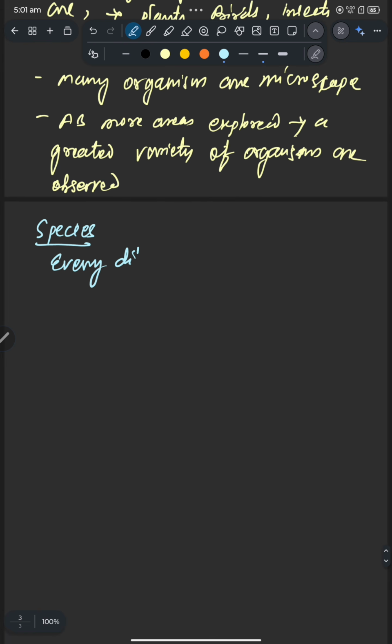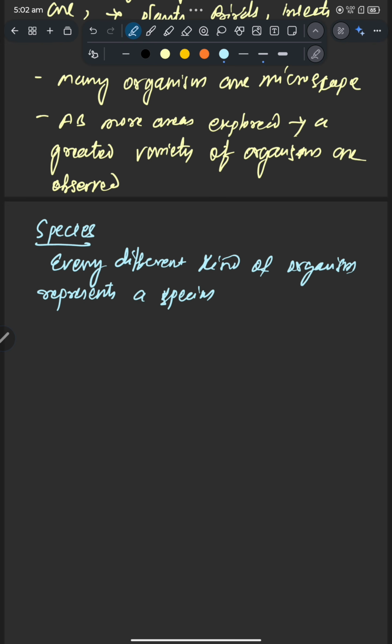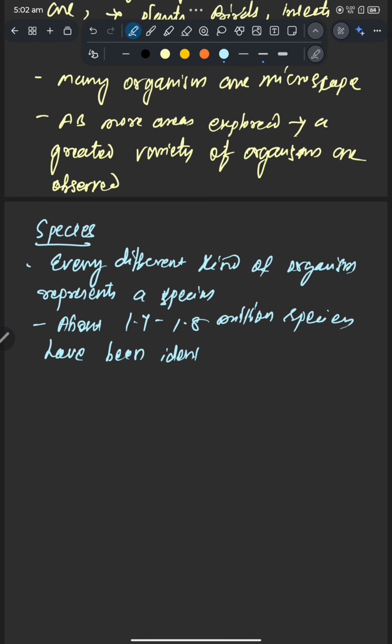Every different kind of organism represents a species, and there are about 1.7 to 1.8 million species that have been identified and described.